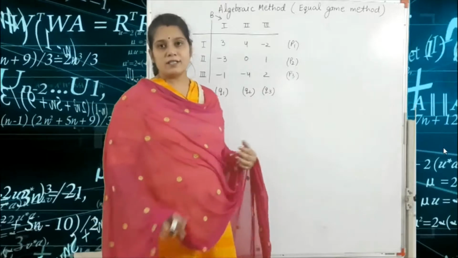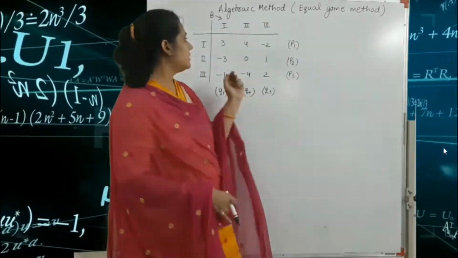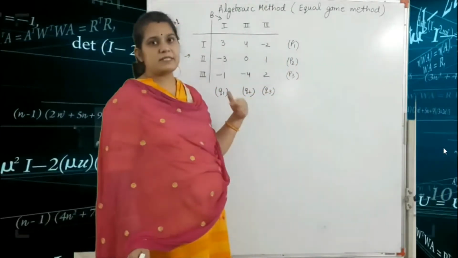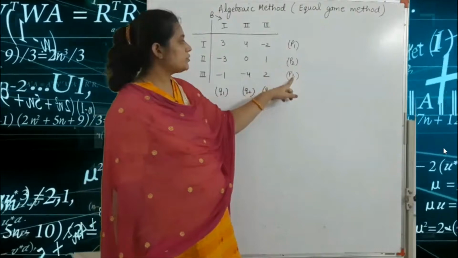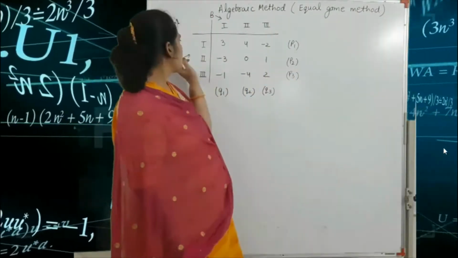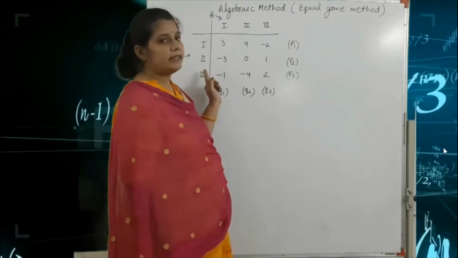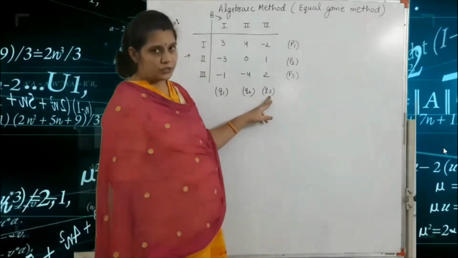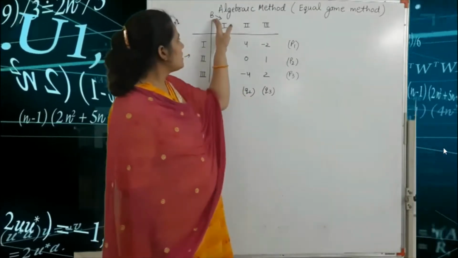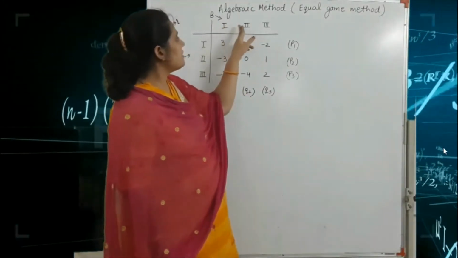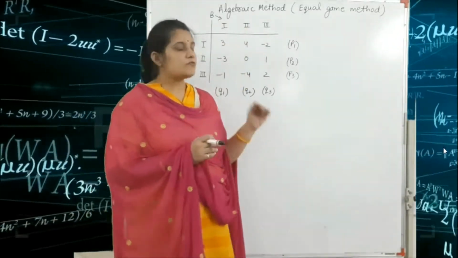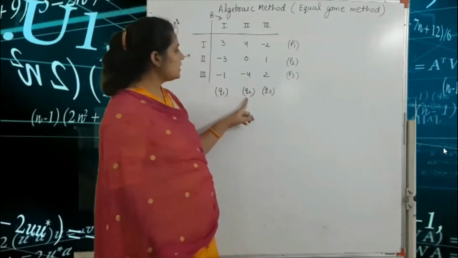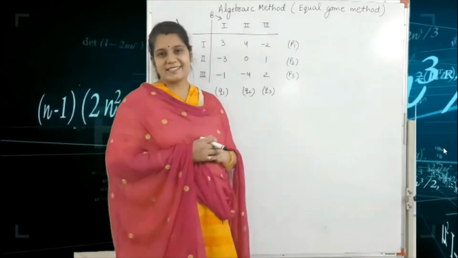First, according to player A, we write P1, P2 and P3, that is probability P1, probability P2, probability P3 for strategy first, second and third. And here we write Q1, Q2 and Q3 for the probabilities of player B with strategy first, second and third. So let's start our solution.